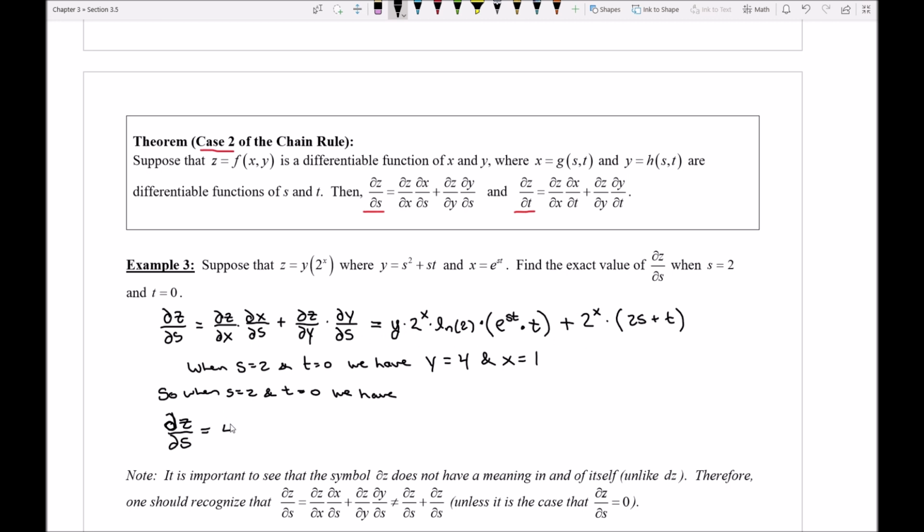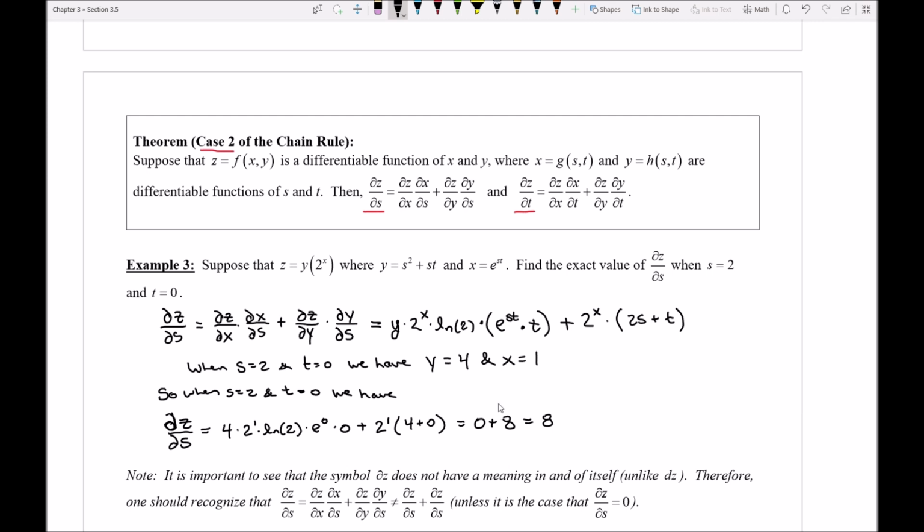So I'm going to get 4 times 2 to the first times the natural log of 2 times e to the 0th power times t, which is 0. Then over here, I'm going to get 2 to the first power. I'm going to get 2 times s, which is going to be 4, and finally plus 0. So this actually turns out really nice. This whole first term that's really messy is multiplied by a 0. So I'm really just going to get here 0 plus 8. And so my derivative just ends up as 8.